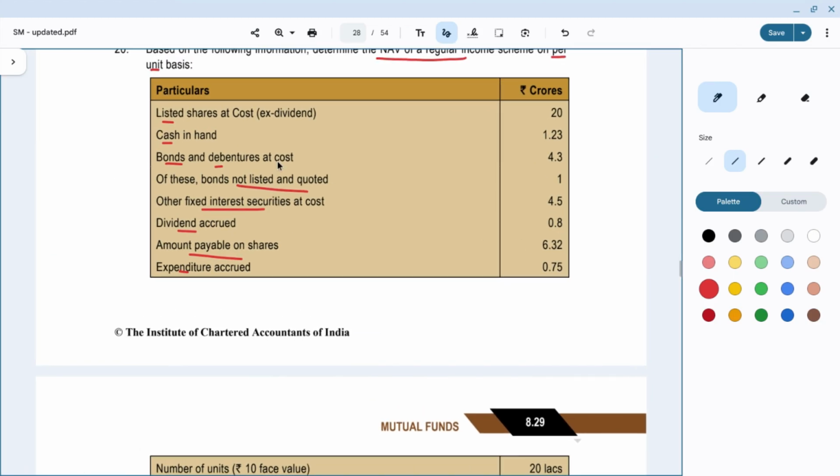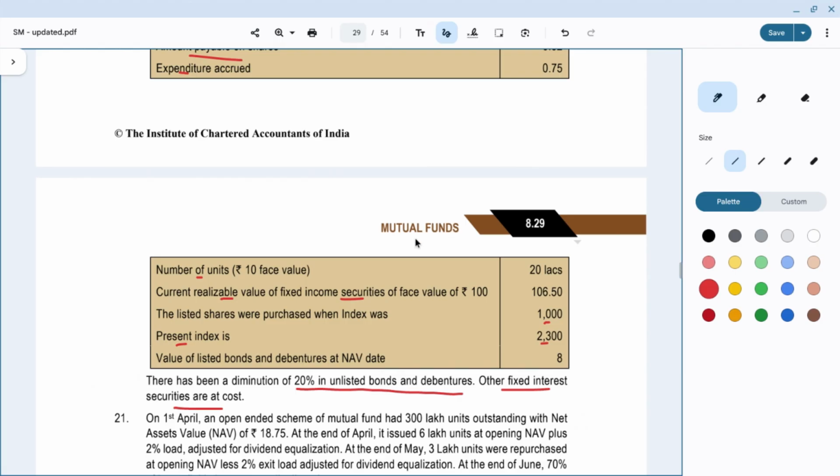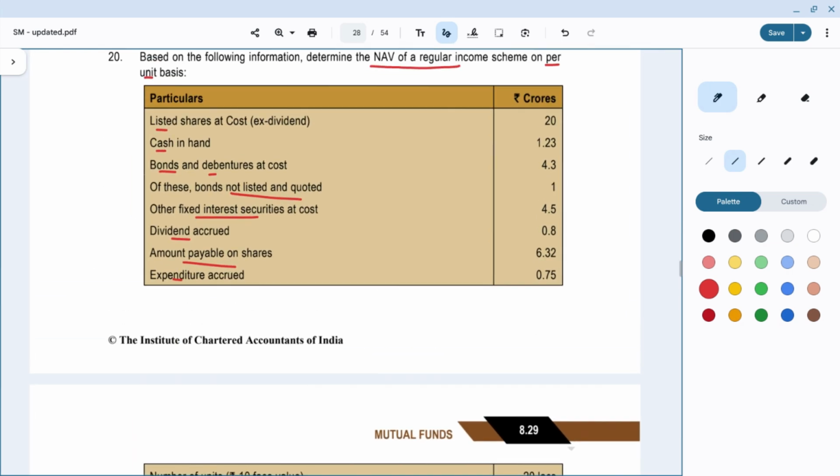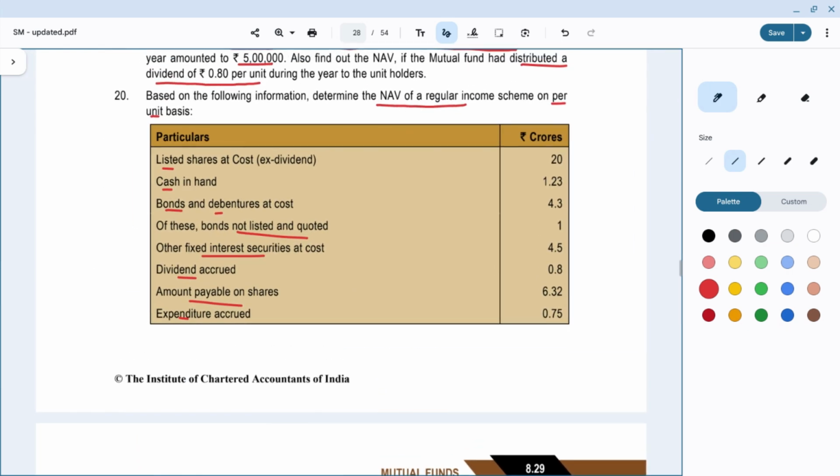Next, cash in hand, 1.23. Any adjustments? No, there is nothing. So cash in hand is 1.23. Next asset, bonds and debentures at cost, that is 4.3.